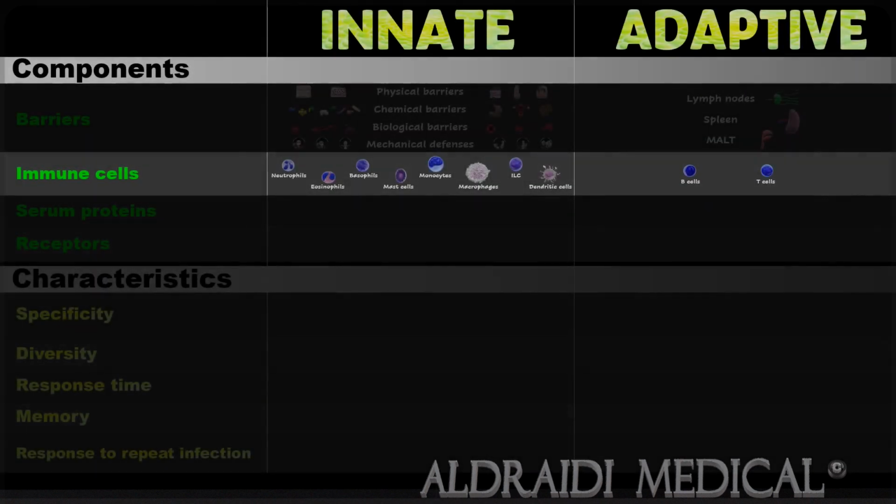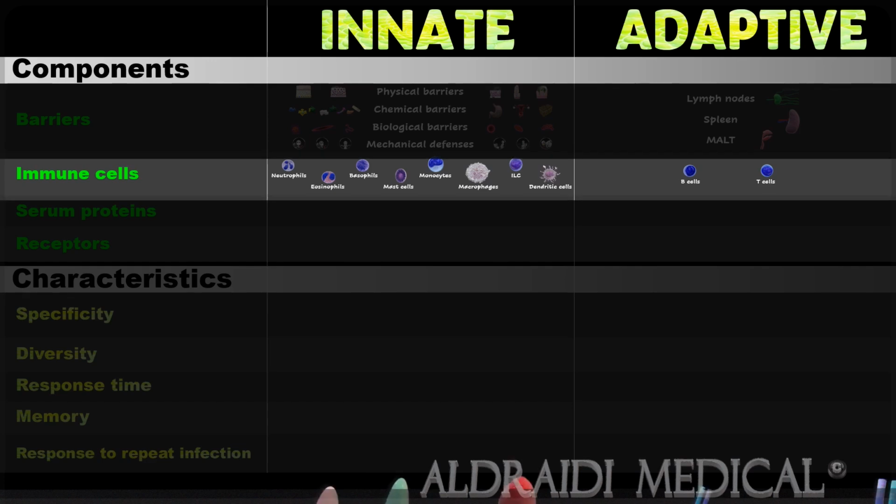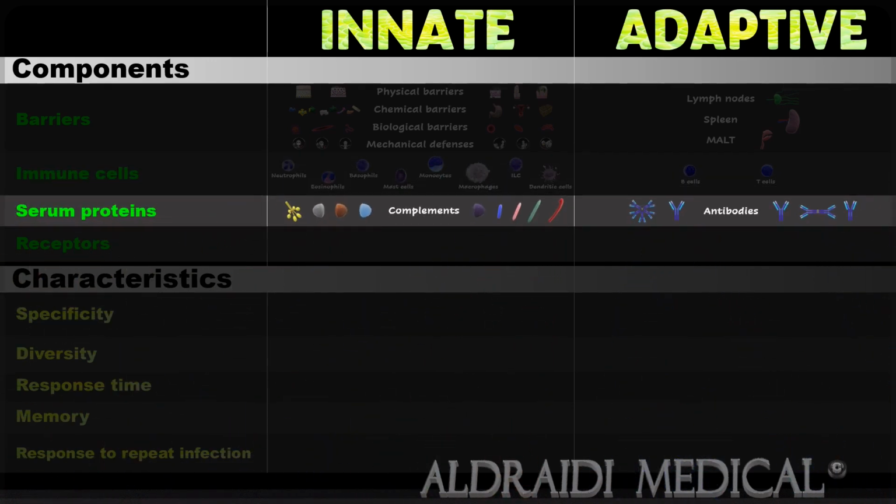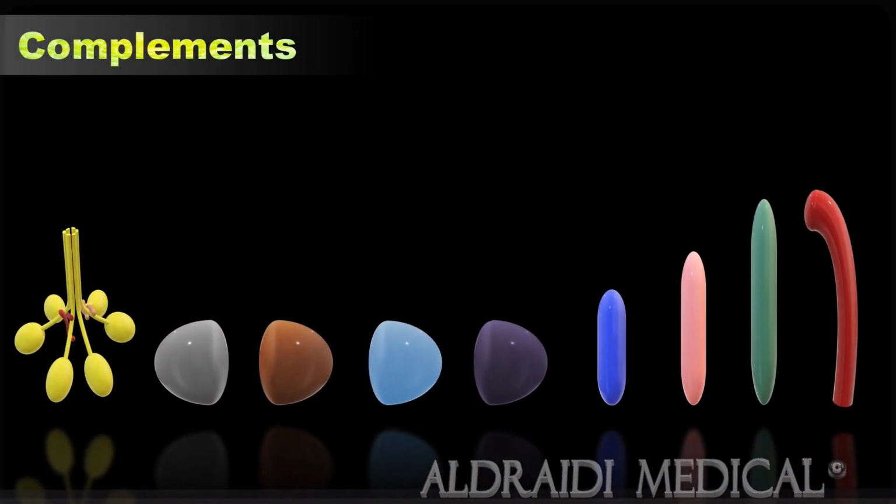Next, we'll move to the third component, which is the serum proteins. The serum proteins of the innate response include the complement proteins. Complement is a system of plasma proteins that complement the ability of antibodies and phagocytic cells to clear pathogens.